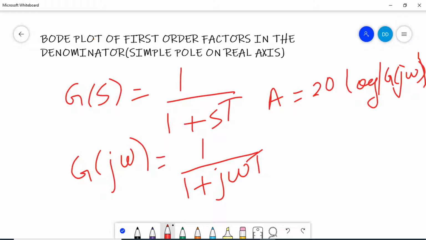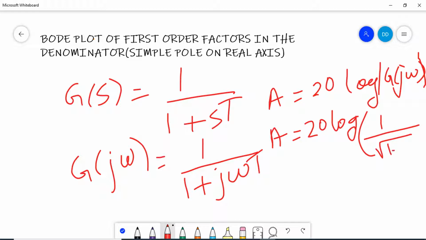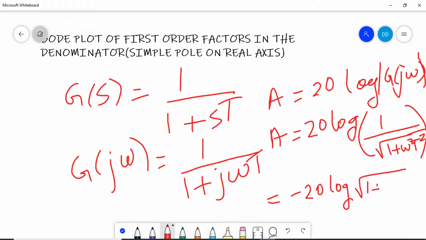A is equal to 20 log of 1 by root of 1 plus omega square T square, or it can be written as minus 20 log root of 1 plus omega square T square in decibels.